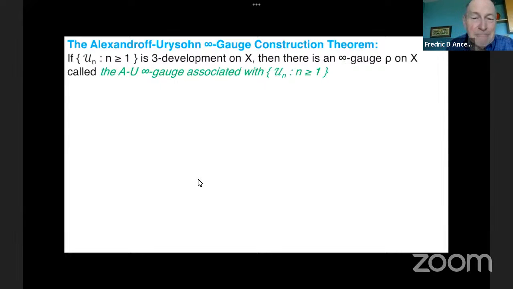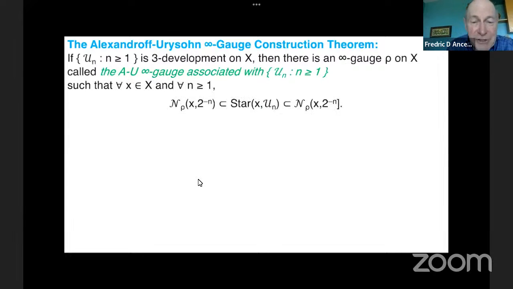And it has this property that if you look at the 2 to the epsilon neighborhoods with respect to the AU infinity gauge, they are nested in the stars with respect to the development in the way specified here.